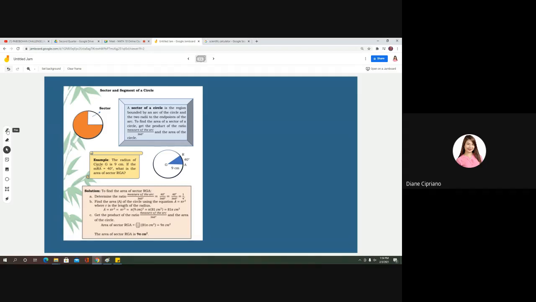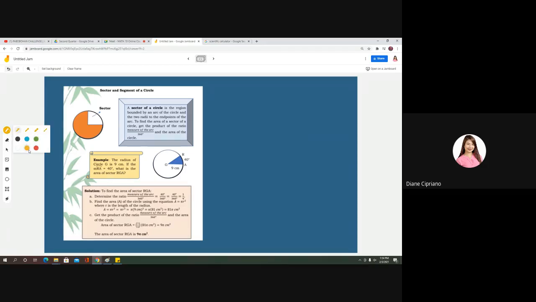And then, in finding its area, in this example, all you need to do first is to look at the solution. Of course, ito yung solution niya. But the shortest explanation would be like this. Okay. So, first, you need to have measure of the arc over 360.